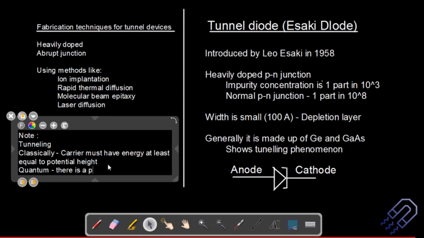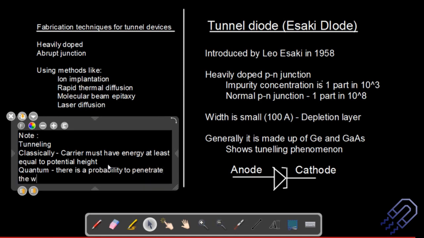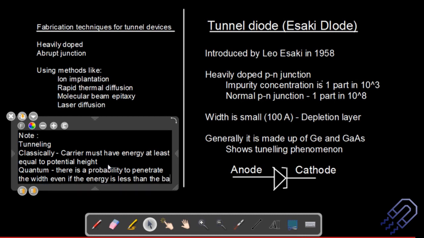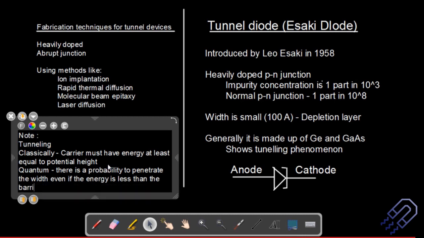There is a probability to penetrate the width even if the energy is less than the barrier height. I think this is the fundamental difference between classical mechanics and quantum mechanics. This is important.